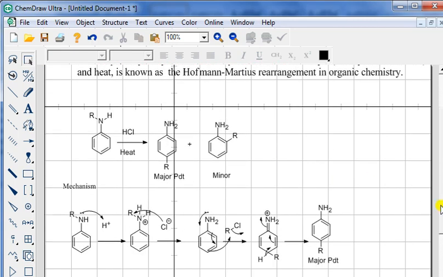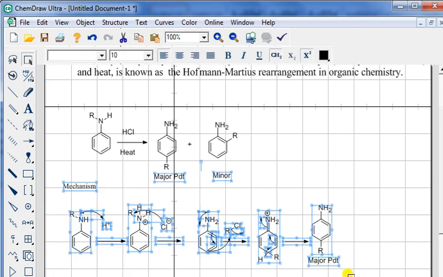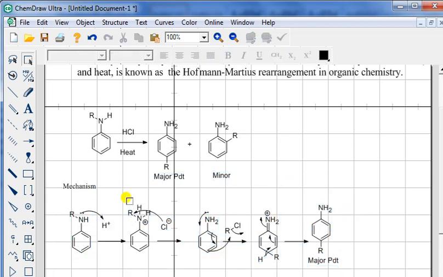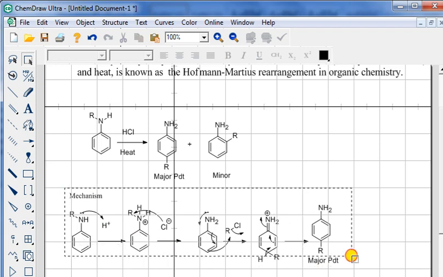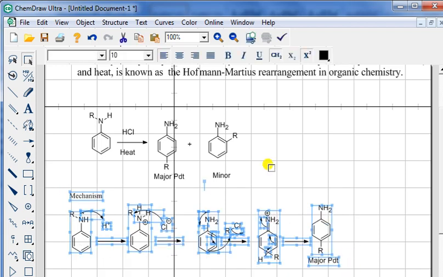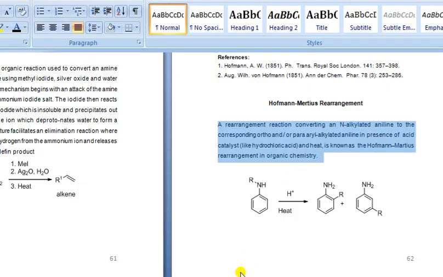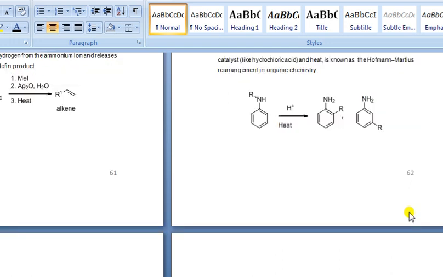Now if I copy this mechanism, all this, I am copying all this one, and I can paste it in my Word file. So see, I want to paste it in my Word file.